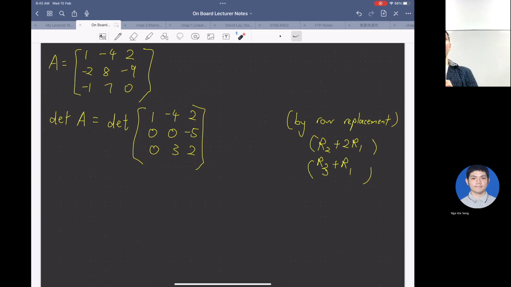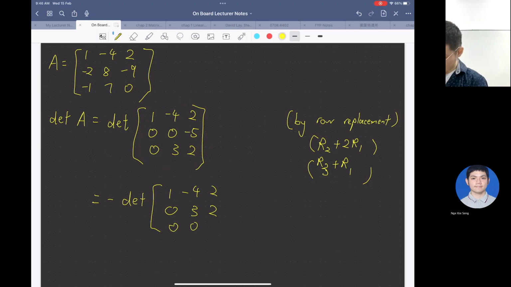But when you swap, how does the determinant change? Row interchange will introduce a -1. So this is equal to the minus of the determinant of 1, -4, 2, 0, 3, 2, 0, 0, -5. This is by interchange of row 2 with row 3.